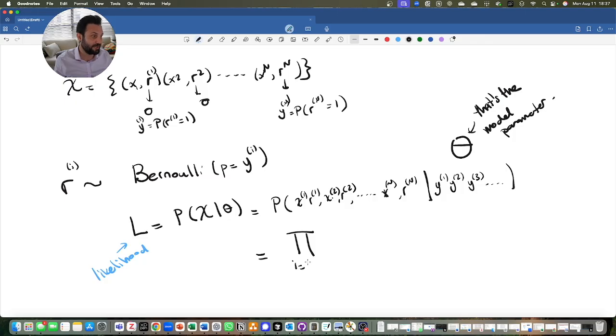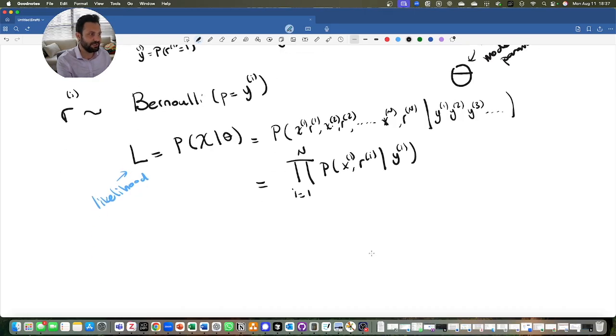So I can write the product over i equals 1 to capital N of the probability of xi, ri, given my model, which actually uses my xi in y, so I don't even need the xi here. So here's the part, my joint likelihood of my data set.